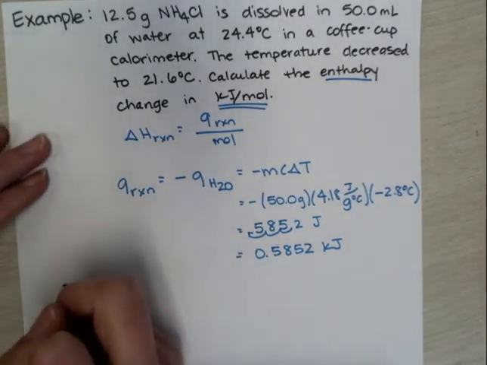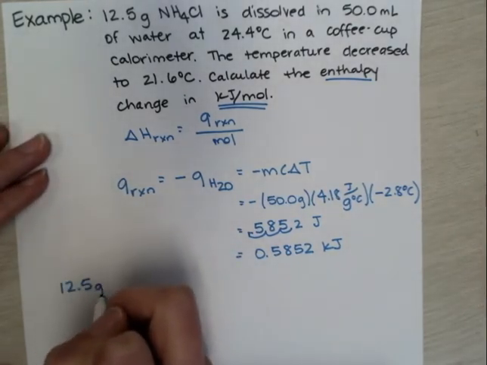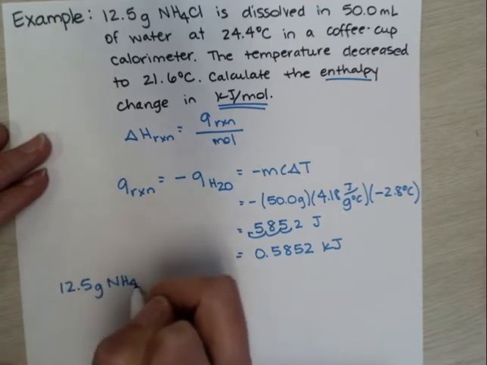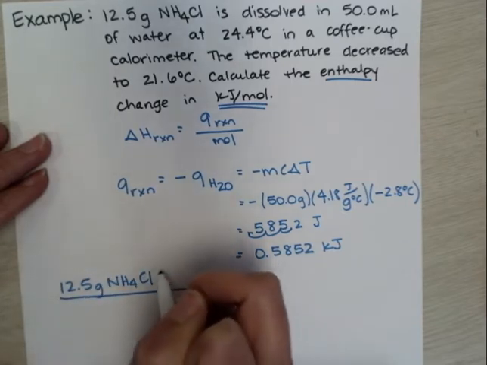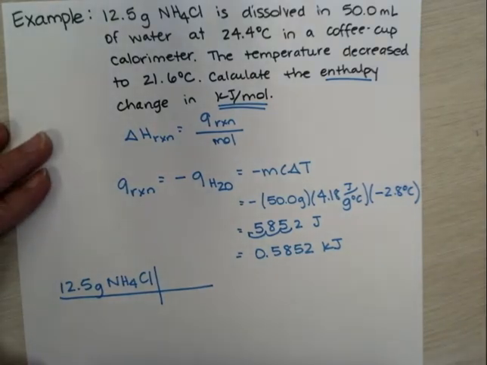So if I have 12.5 grams of ammonium chloride, nitrogen weighs 14.01, 4 hydrogens at 1.01 each, plus a chlorine, which is 35.45.